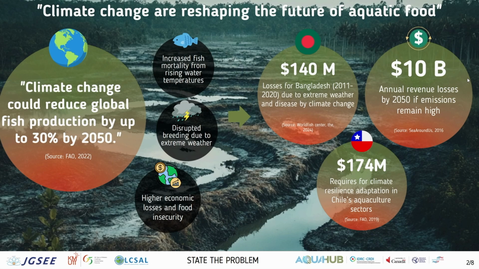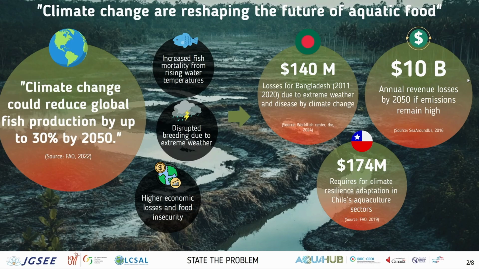As you can see, climate change is now reshaping the future of aquatic food. Why is that? Because FAO says that climate change could reduce global fish production by up to 30% by 2050 if you don't reduce your carbon footprint now.